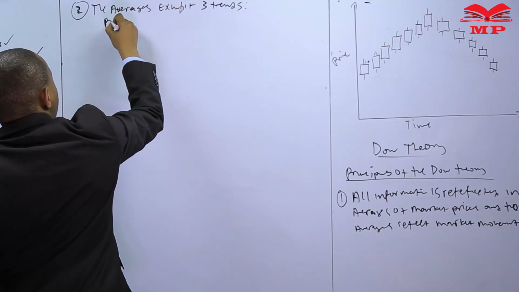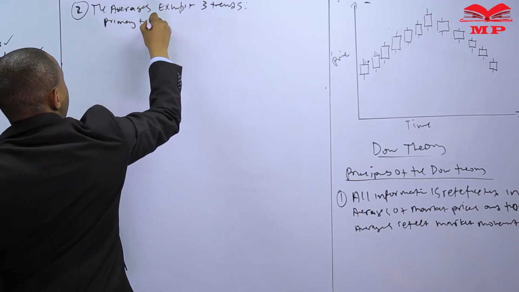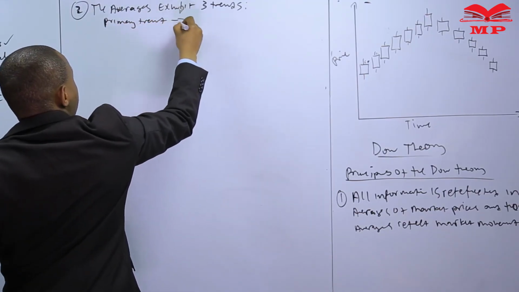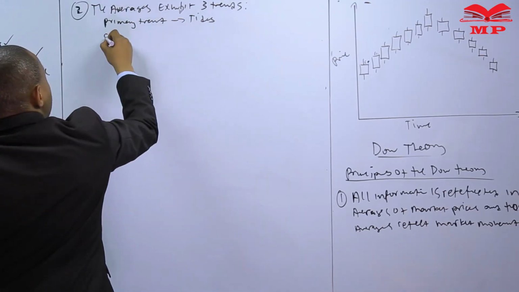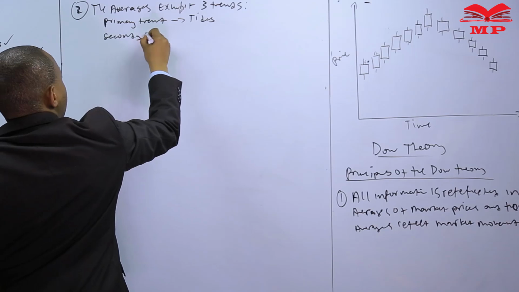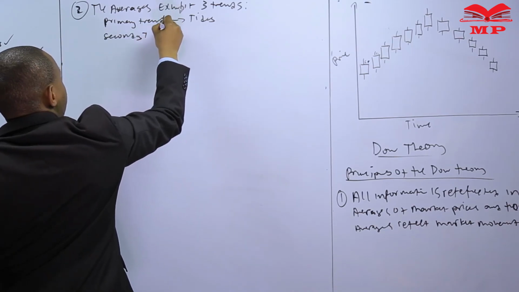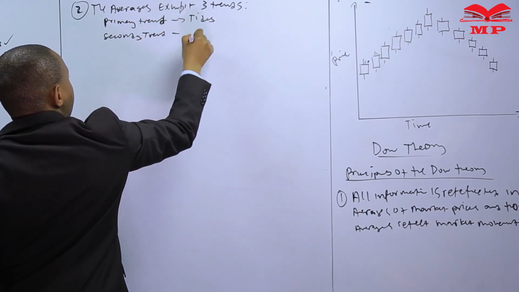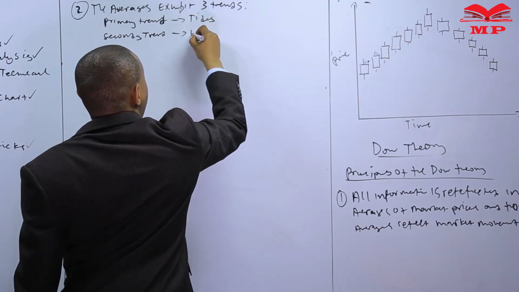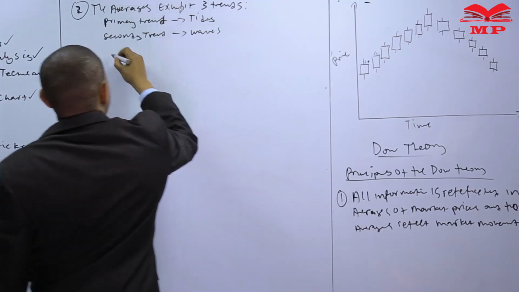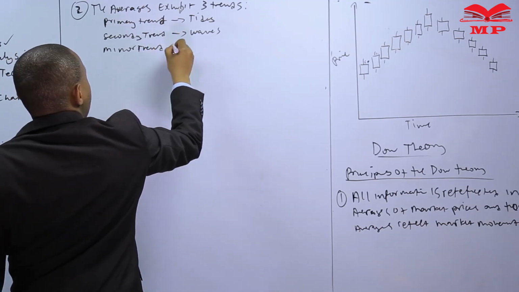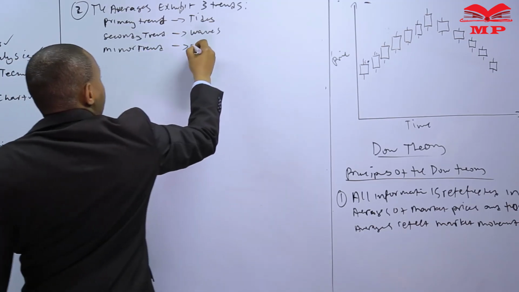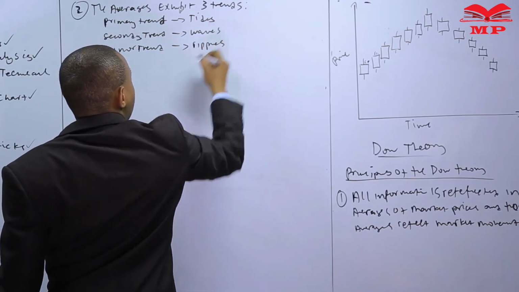The primary trend, which is representative of tides; the secondary trend, which represents waves; and the minor trend, which represents ripples.